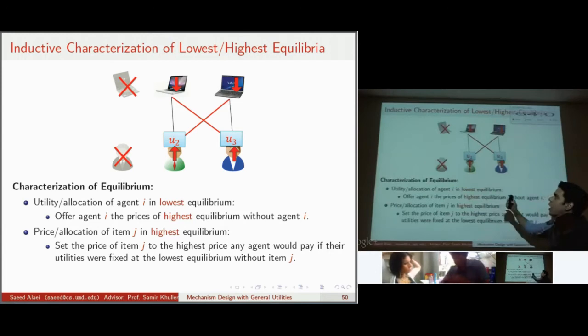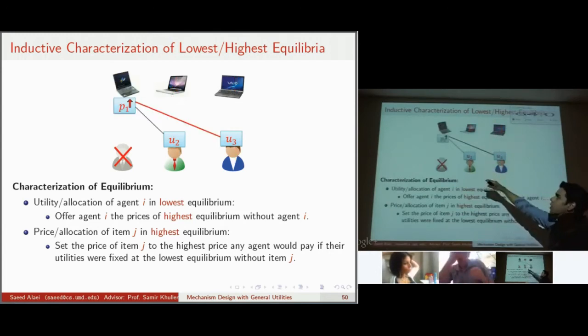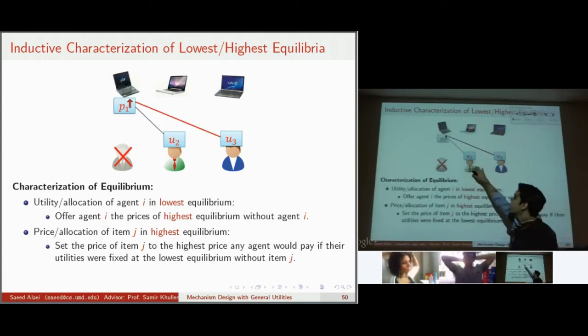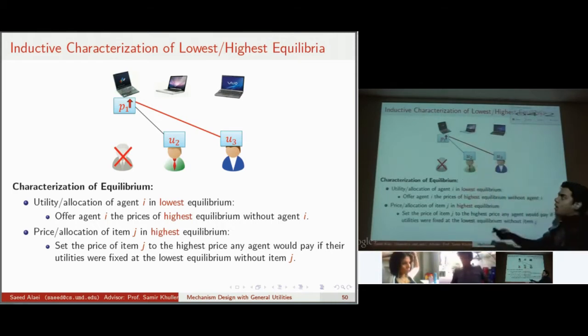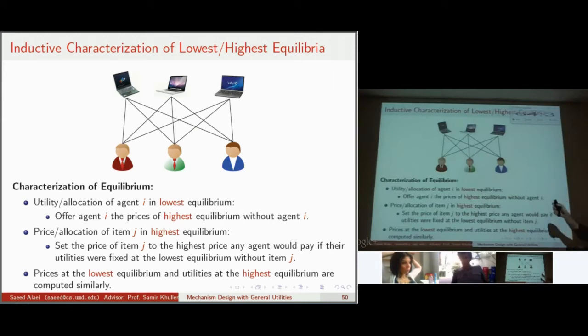Then you bring that item back to the market and ask these agents, if their utilities were fixed at what you computed in the previous step, what is the highest price they would be willing to pay for that item to obtain the same utility. You take the maximum among those prices, and that is the price of that item. Basically, you can also do this the opposite way.